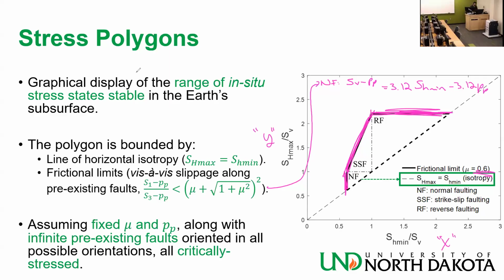How about I divide everything by SV? What will happen is that SV over SV becomes 1. PP over SV is actually a constant.